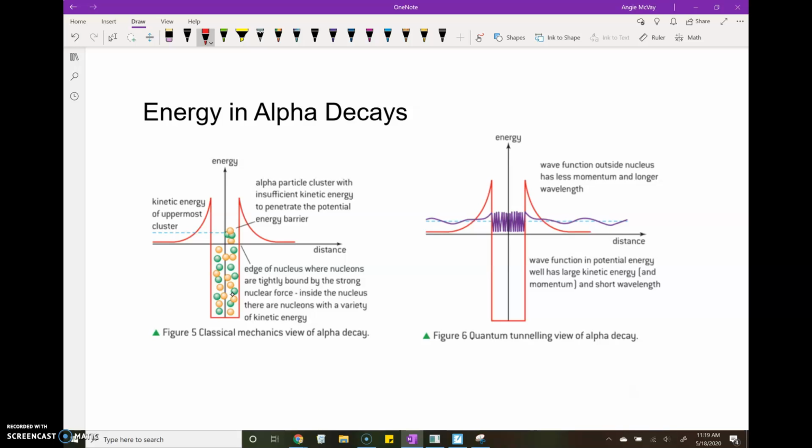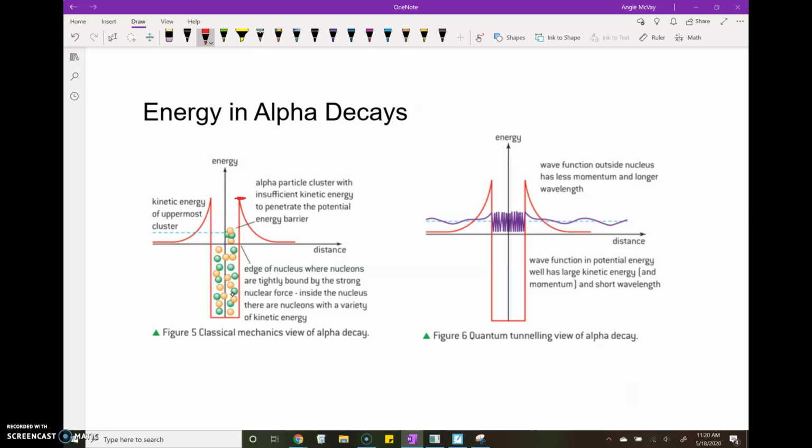So if an alpha particle is excited up above this energy level, then it will be able to get through this barrier. And this is a classical mechanics view of alpha decay. If an alpha particle has enough kinetic energy to get up above this point, the alpha particle will get released, just kind of like with the photoelectric effect, and you'll see that alpha decay.